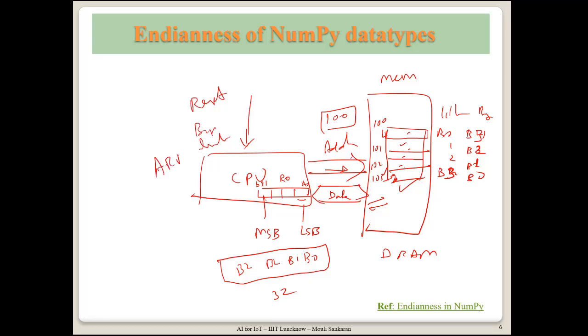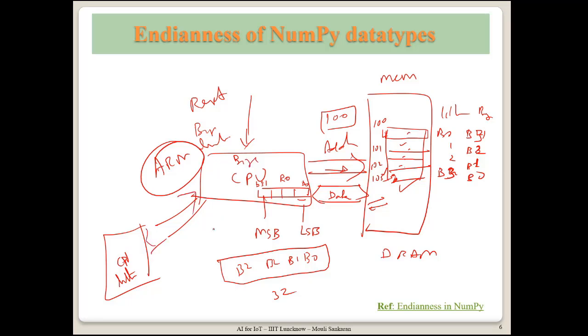If it is an ARM processor, on boot up it decides, and then it can access memory in this way. Now suppose in a multi-core processor, the CPU is also interfaced with another CPU. Assume that this is a little endian machine, and this other CPU is a big endian machine. The two different CPUs have a common shared memory.